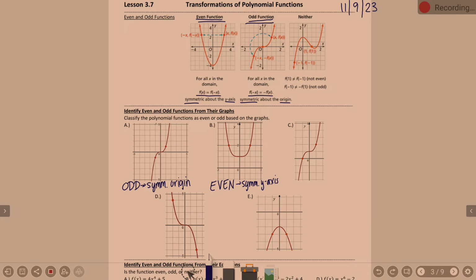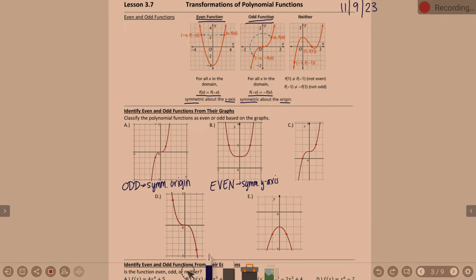Okay, C. Agree or disagree? I agree. The key is, if we're talking odd, symmetric about the origin, does this function in general have that idea where we can rotate it?